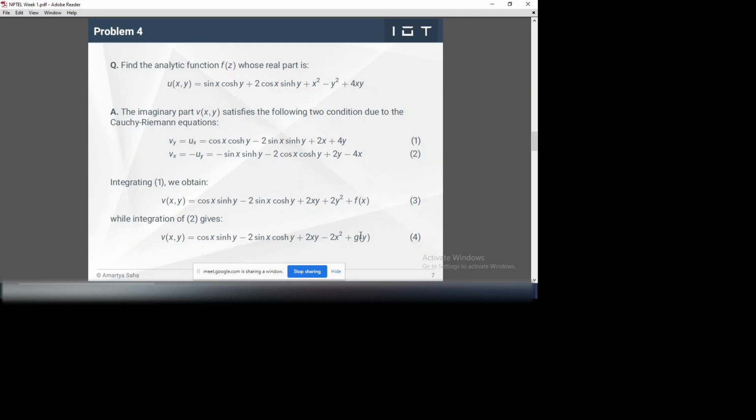So you can guess from the forms that g(y) should be 2y squared and f(x) as minus 2x squared. Then 3 and 4 are consistent with each other. So that is how you have to compare to find the undetermined functions.